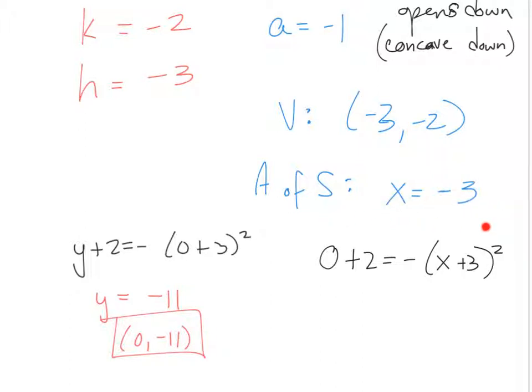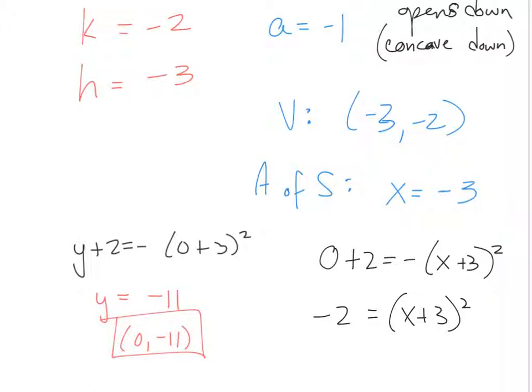What do I do? What do I do next? Divide by -1 to get rid of the a value there, which makes it -2 equals quantity x plus 3 squared. Please don't FOIL this out. Please, with vertex form, do not FOIL it out. Because then you got to go do the quadratic formula, which is so much more work. It's already completing the square.